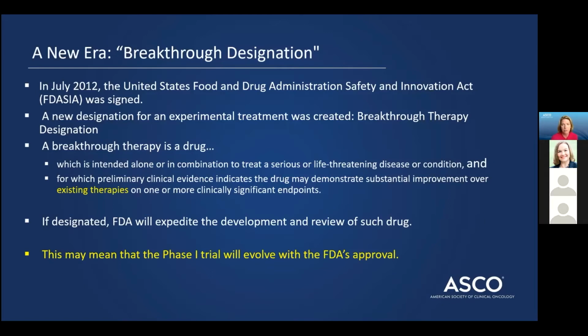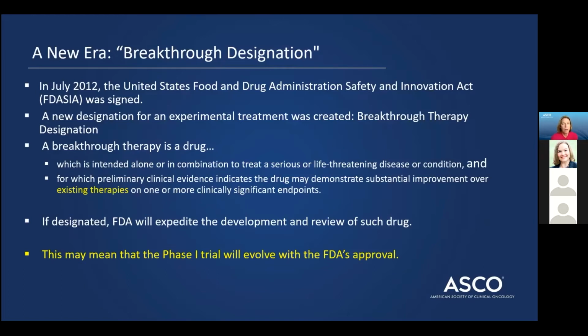So it has to be in a serious or life-threatening disease, which of course cancer is one of them. And of course, in certain areas of advanced cancer, there can be few treatment options that are successful for a number of patients.